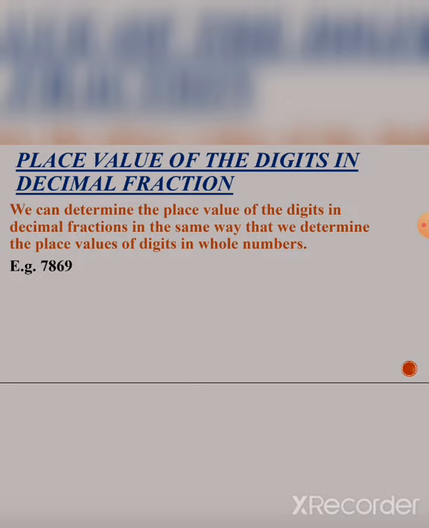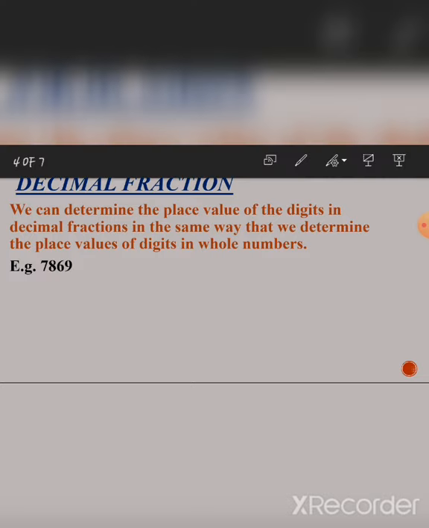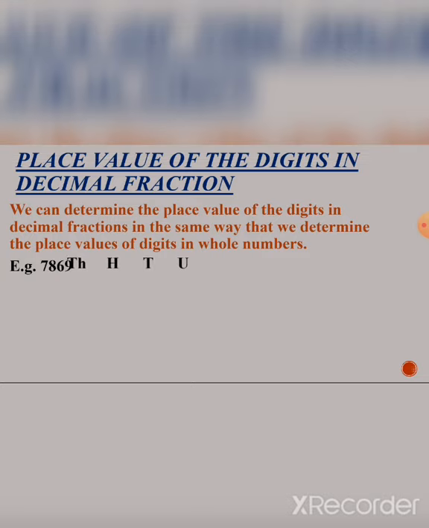First let's take the example of this number. The number given here is 7869. Now let's start doing the place value. So here students, can you see the place values? The number is 7869.